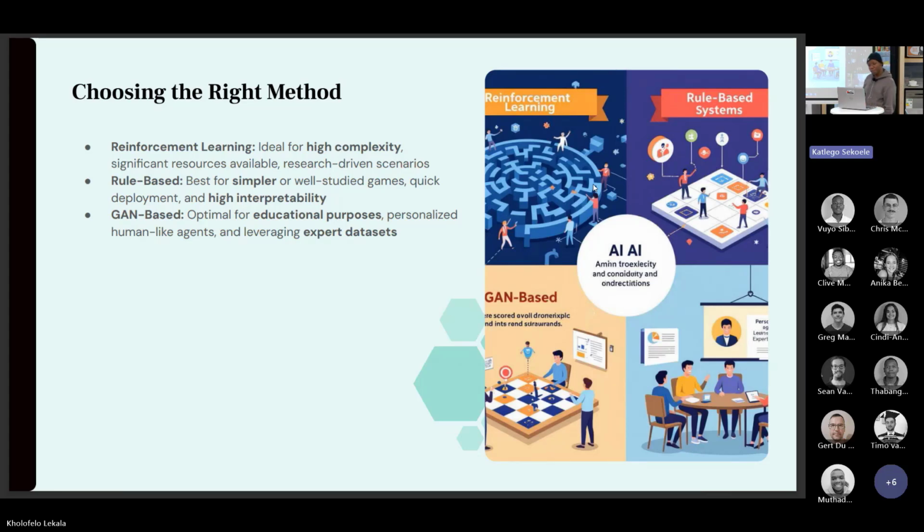If you are trying to create an agent for a simpler game, or for well-studied games that are pretty well known, then you can just use the rule-based one because you have a lot of information about it. And when you are trying to teach people how to play a certain game against other people, you might want to use the GAIL, which will mimic a person's behavior, so they will feel like they're playing another person, which could be educational, and they would learn how to play against human opponents.